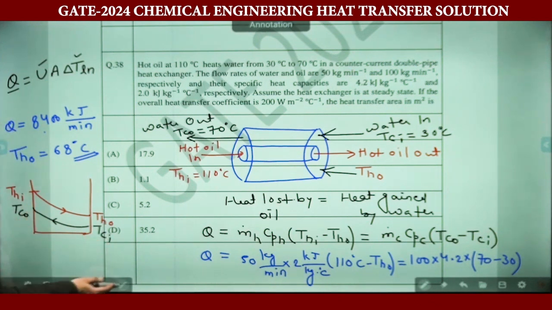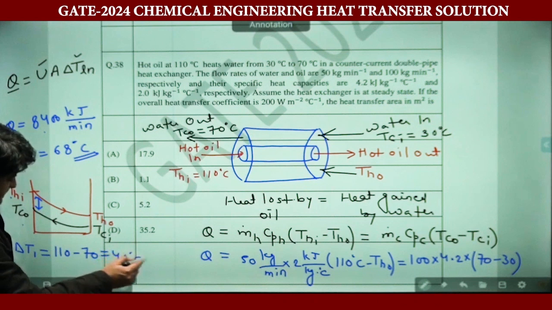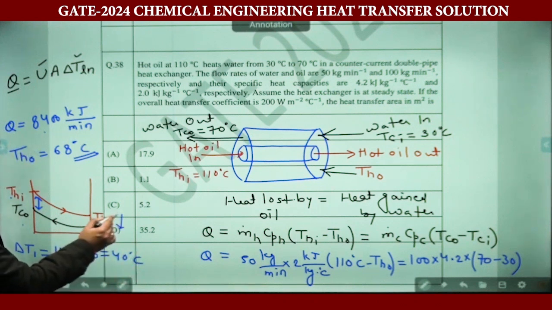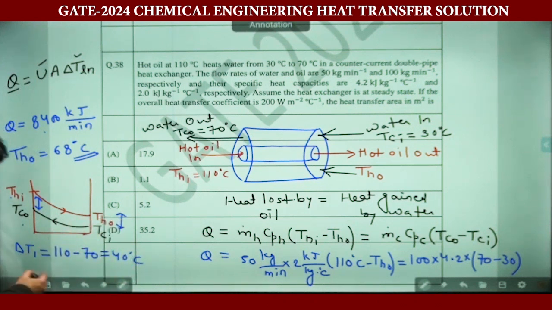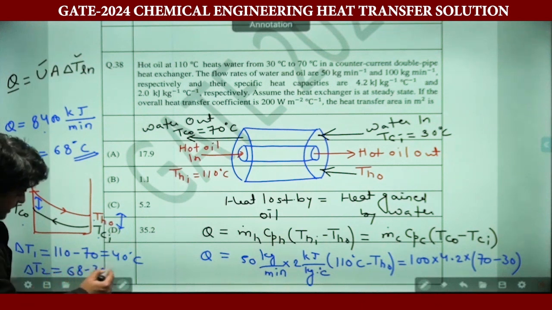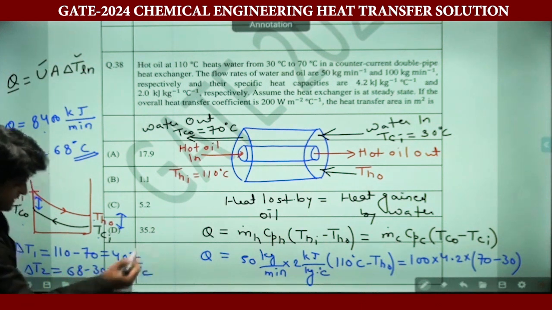So here you can see the temperature difference on this side of the terminal, delta T1 will be Thi minus Tc naught, that is 110 minus 70 equal to 40 degrees Celsius, and delta T on the other side of the terminal, delta T2 will be outlet temperature of hot fluid minus inlet temperature of cold fluid, that is 68 minus 30 equal to 38 degrees Celsius.